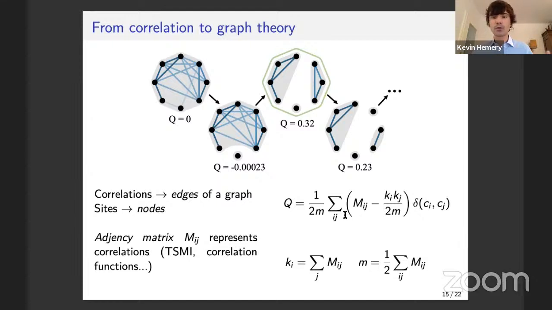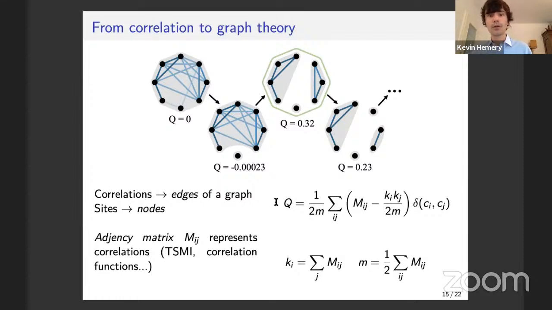What I mean by a good partition is that inside a cluster you should have strong correlations, and outside, between separated clusters, you should not have too many correlations, right? That's what this quality factor is measuring. In the technical term in graph theory, it's called modularity. It's designed in such a way that, for example, the number of clusters does not influence this quality measure, so it's something which is rigorously constructed.